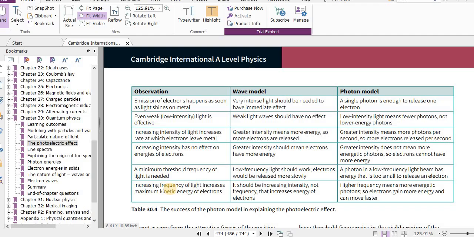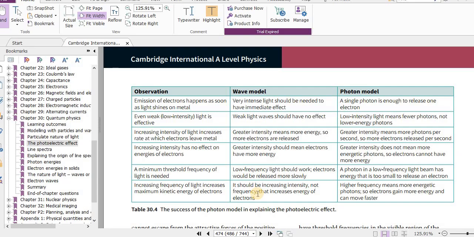So increased frequency of light increases the maximum kinetic energy of the photoelectrons. In the wave model, it should be increasing intensity, but that doesn't happen. If you increase the frequency, it doesn't produce more photoelectrons.